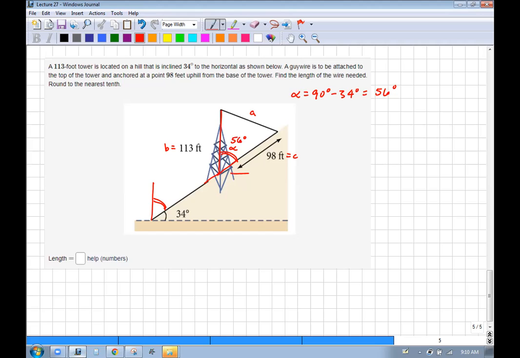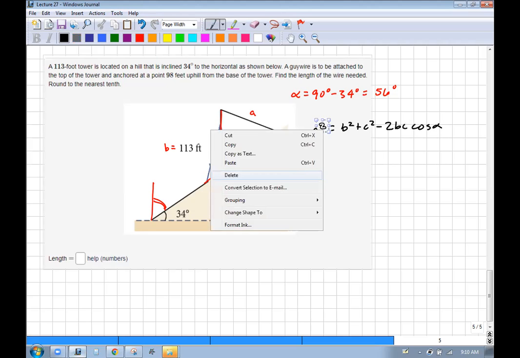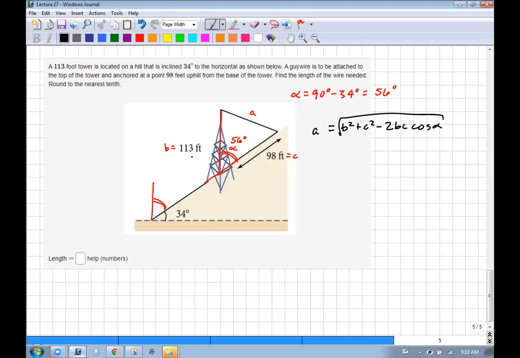So now we know these three. We have to use the law of cosines. A squared equals B squared plus C squared minus 2BC cosine alpha. So A is the square root of that. We know what B is, we know what C is, and we know what alpha is.